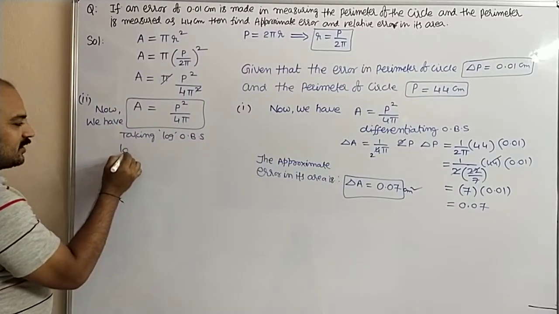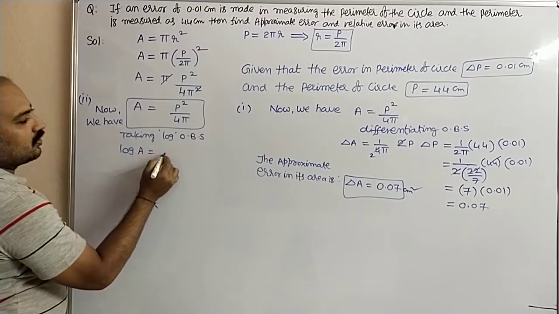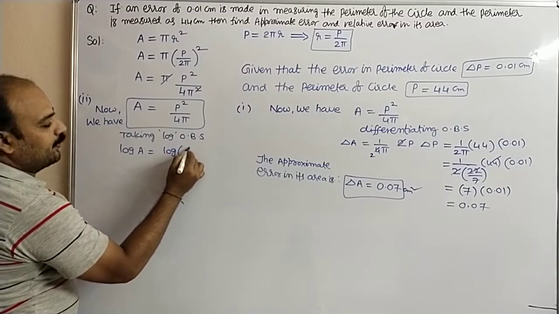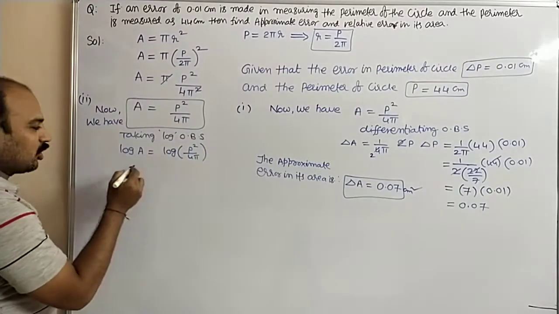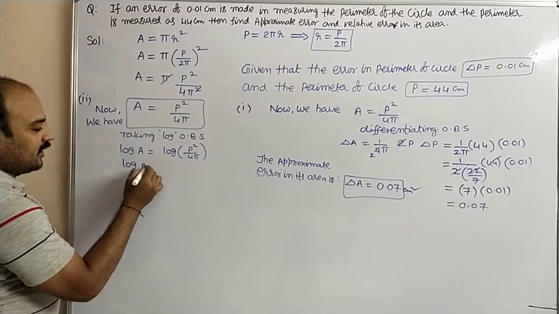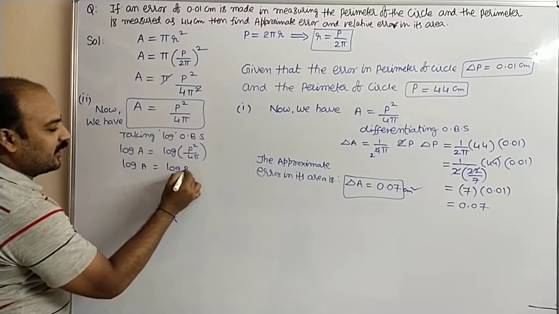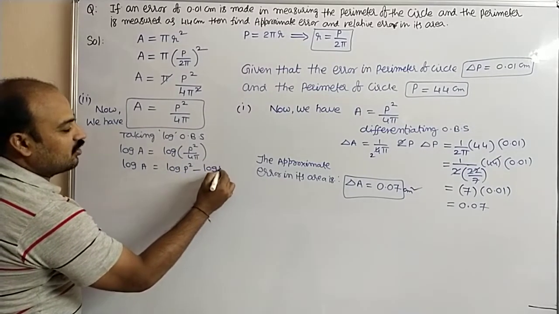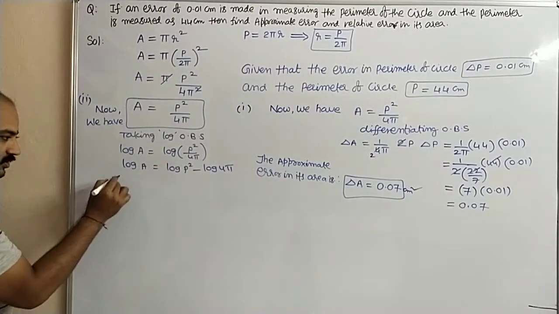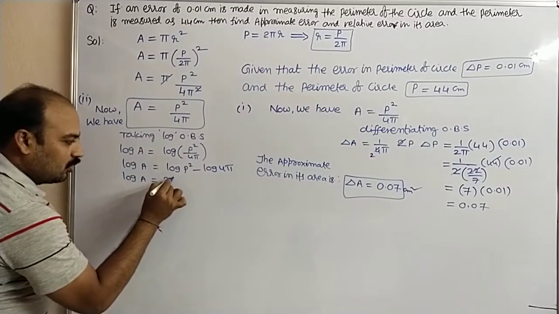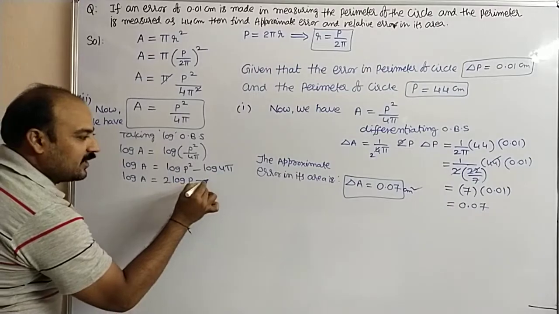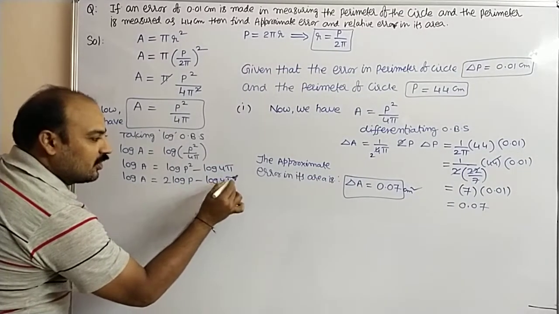So log A is equal to log of P square by 4 pi. Log A by B is log A minus log B. So log A can be written as log P square minus log 4 pi. So log A equals 2 log P minus log 4 pi.